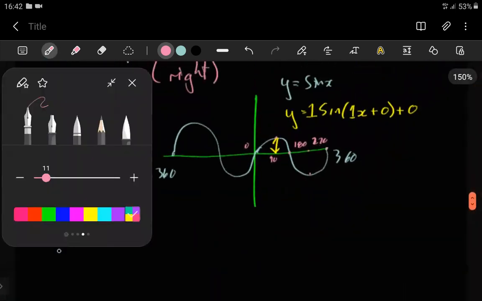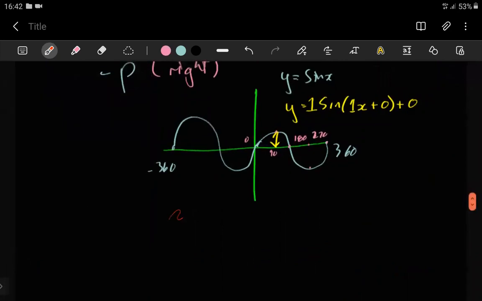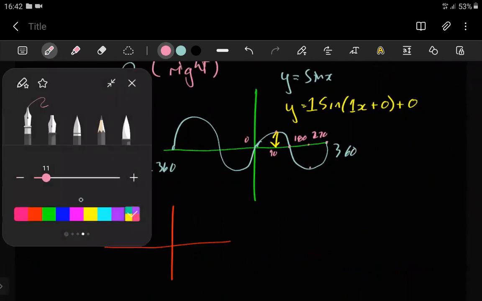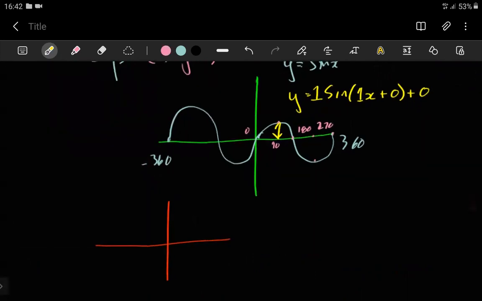So in a situation where your graph was moved around, let's say it was moved 30 degrees to the left. Instead of passing here at 0, it would be passing somewhere there at negative 30. Instead of turning here at 90, it would be turning somewhere here at 60.